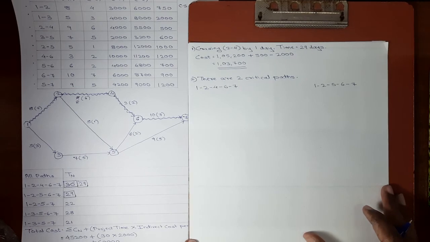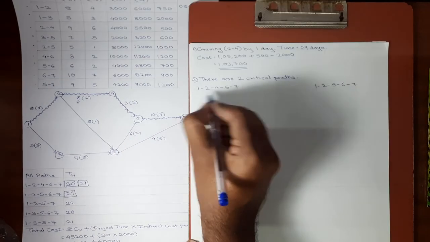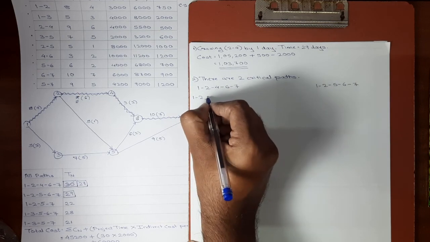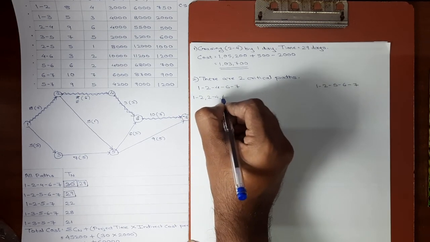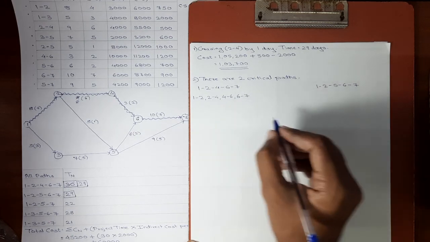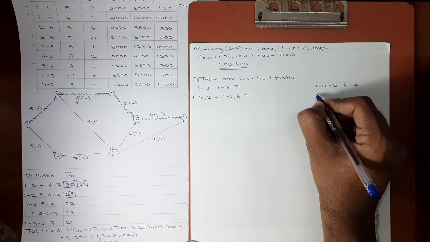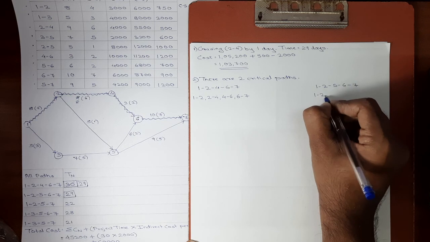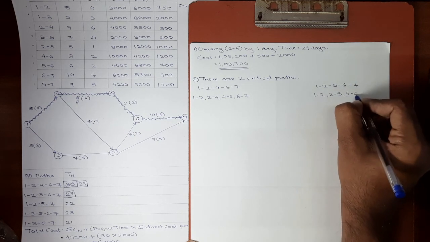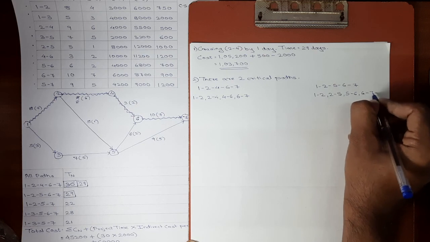We'll list out the independent activities of both the paths. So for first path, the activities will be 1 to 2, 2 to 4, 4 to 6, 6 to 7. And for second path, the activities will be 1 to 2, 2 to 5, 5 to 6, 6 to 7.